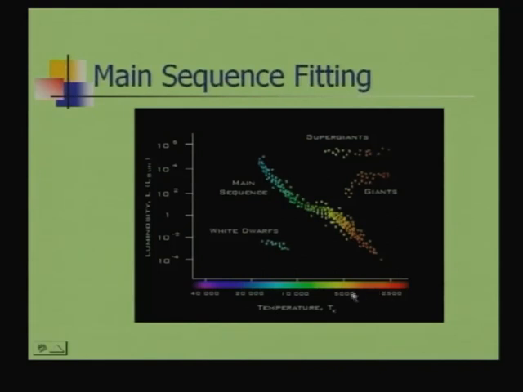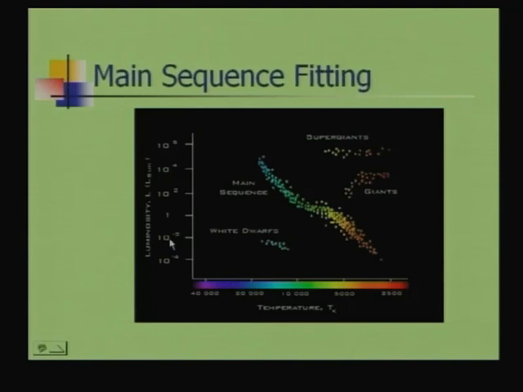So we can either use color on this axis or the temperature on this axis. Okay. This axis has the luminosity, the total radiation that comes out from the star. Now here again you may ask the question, how do you determine the luminosity of the star?